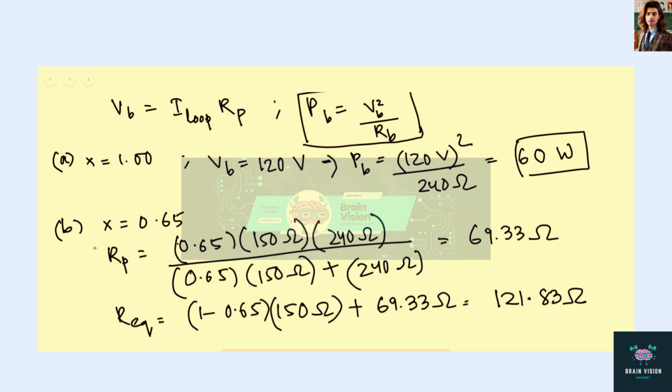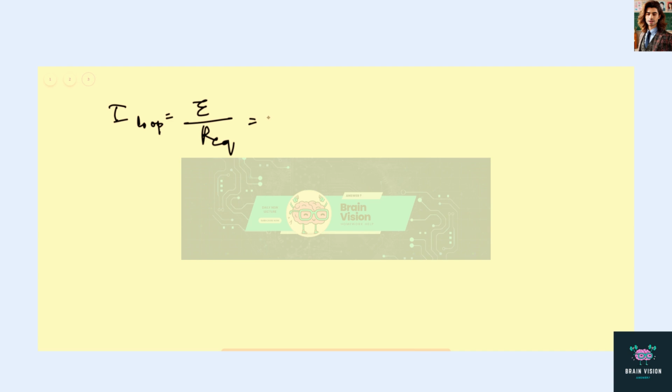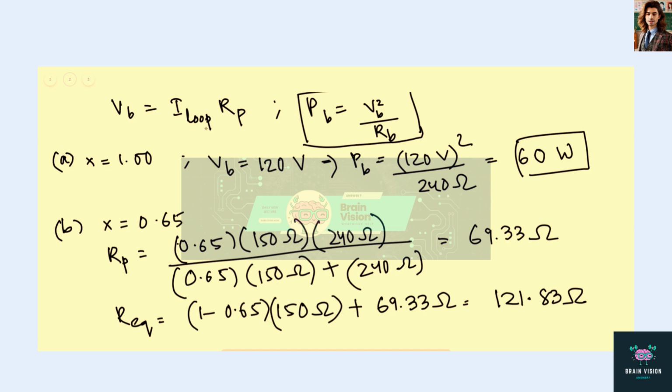So in this part, we don't have x equal to 1, so we need to do all this. Now EMF, that's 120 volt, over equivalent resistance gives the current flowing through the loop to be 0.9850 ampere.